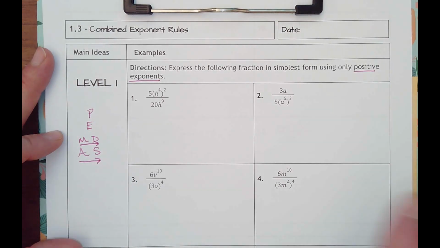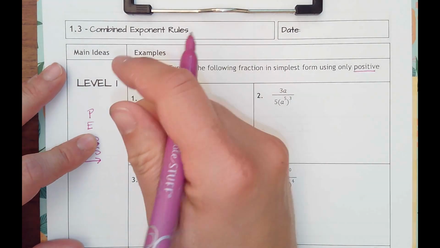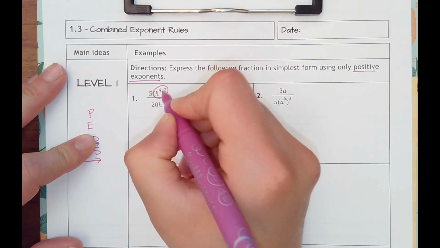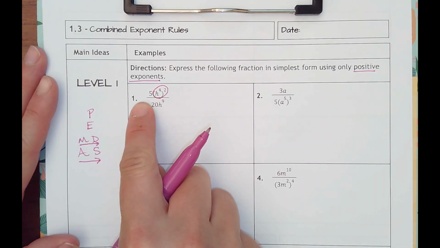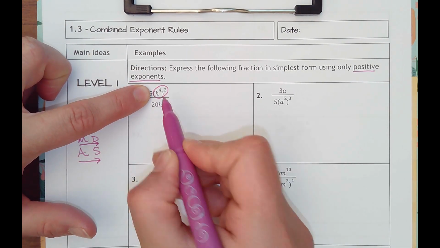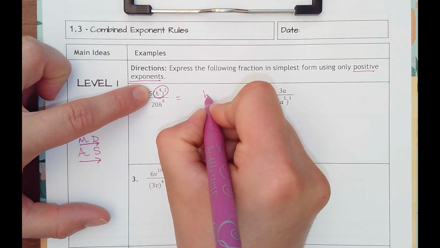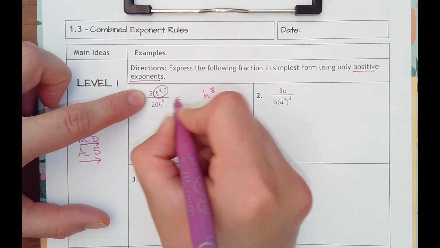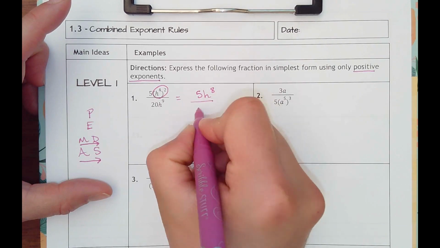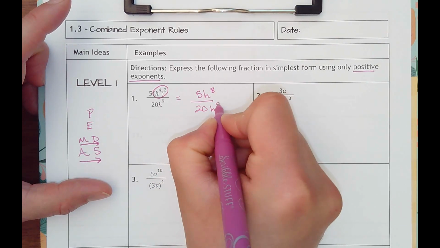So in this problem, I would first want to do parentheses, which actually is an exponent piece. So I'd want to do this power rule. You don't want to multiply first. So remember our power rule says to multiply the powers. 4 times 2 would be 8. So this would be 5 h to the 8th over 20 h to the 9th.